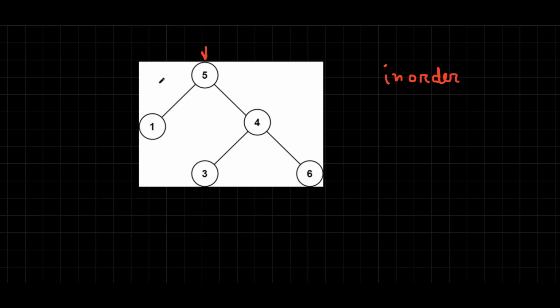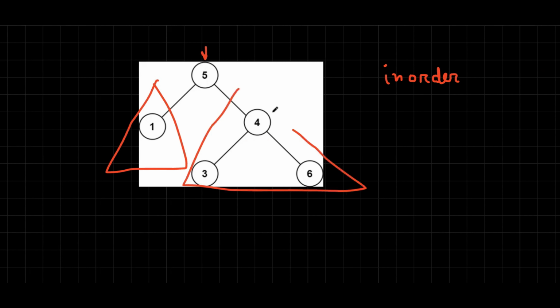For a binary search tree, all of the values in the left subtree of the root should be smaller than the root value, and all of the values in the right subtree of the root should be greater than the root value. So here the root value is 5, but the right subtree value is 4, which is smaller. That violates the binary search tree condition. So we can say that this is not a valid binary search tree.